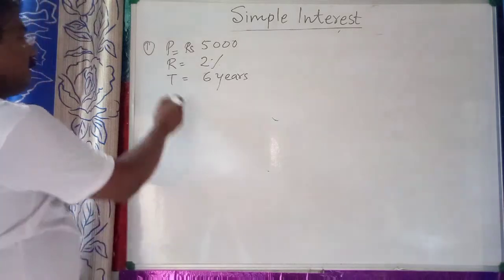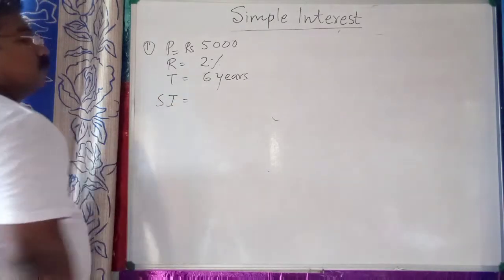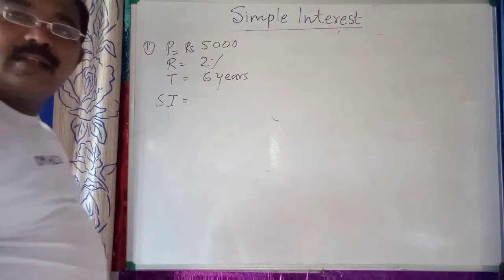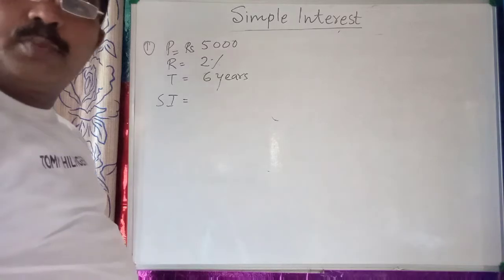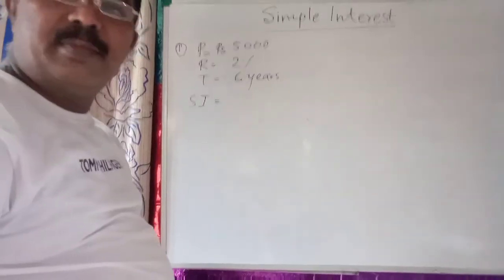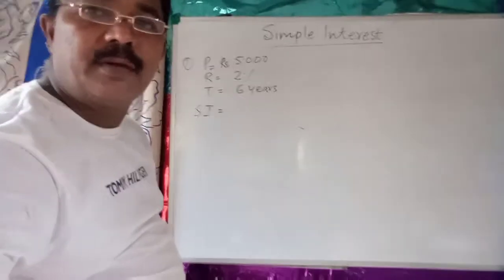Now let us find the simple interest of this amount for 6 years at the rate of 2% per year.